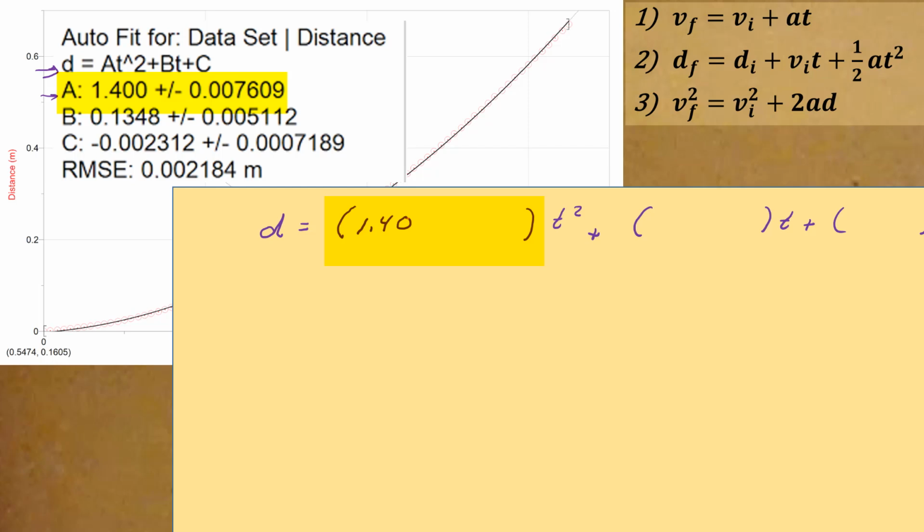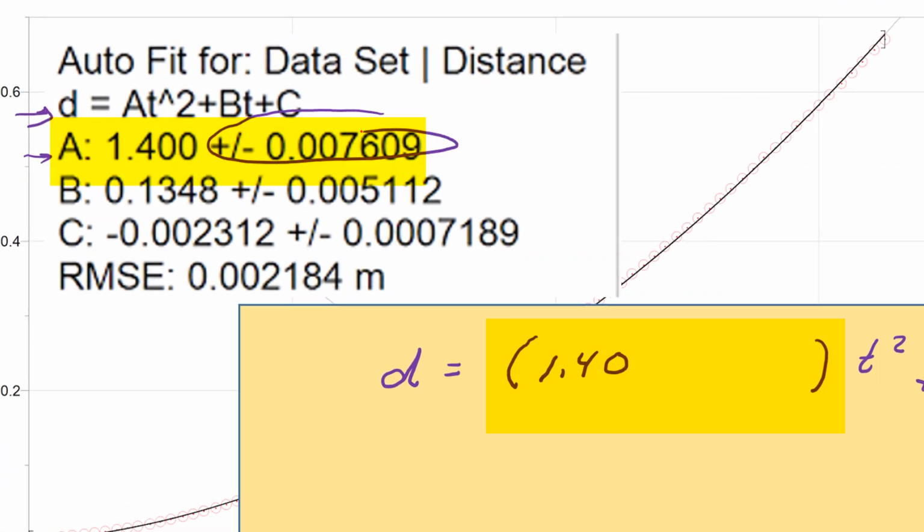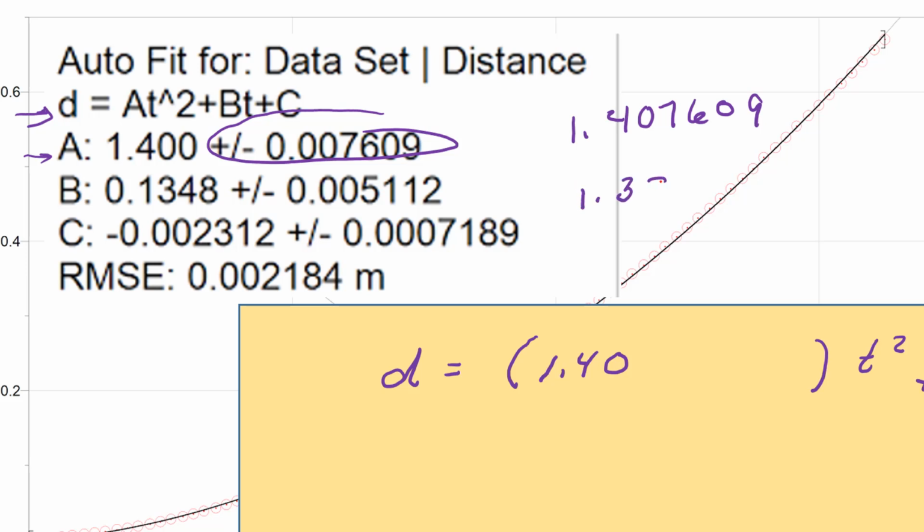It's 1.40. This plus or minus is just telling us the accuracy of that number from the data. So it could be 1.407609, or it could be 1.39231, or it could be anywhere in between those two numbers.